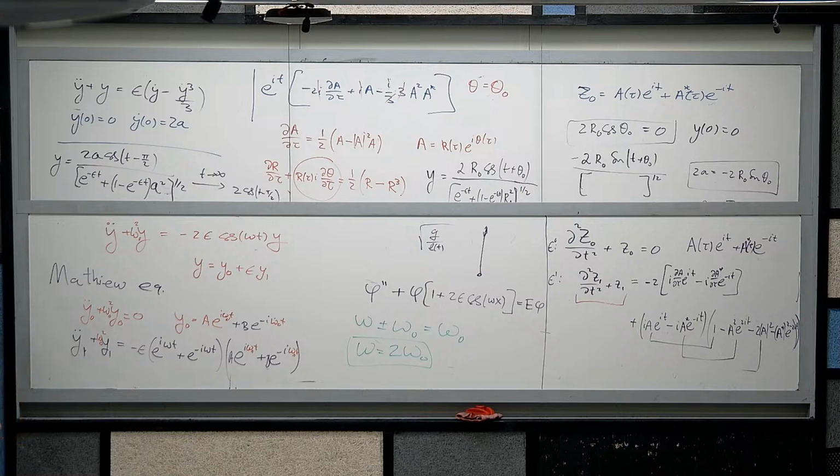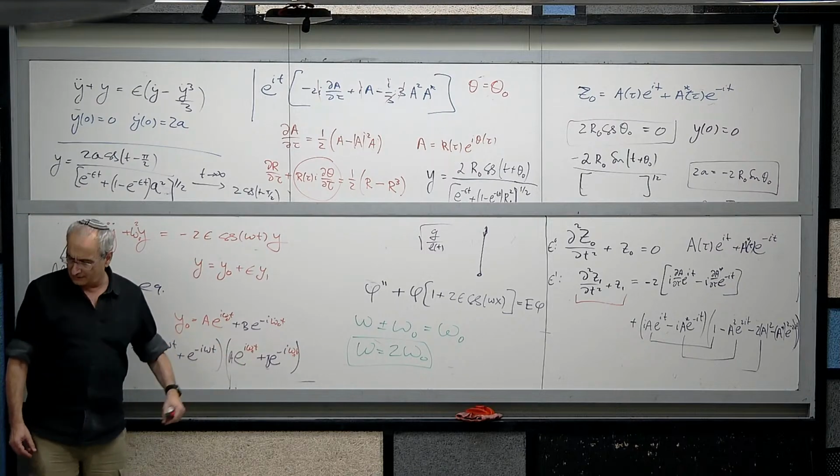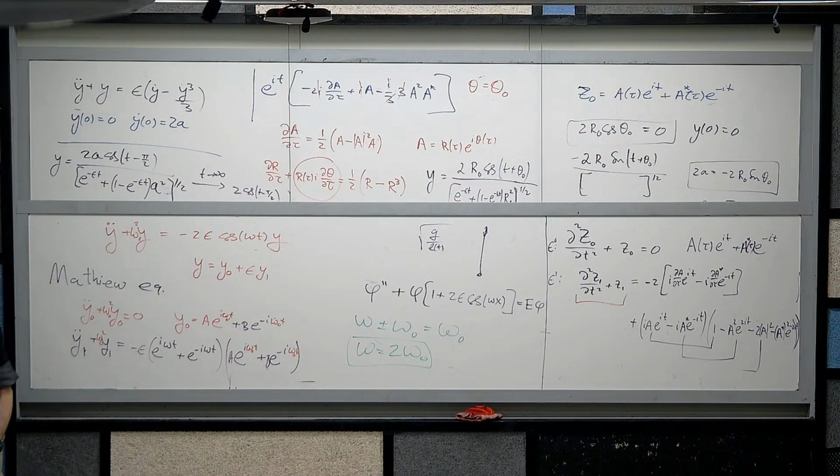However, if you expand it, in higher order perturbation theory you can find other resonances. I don't remember exactly what the relevant numbers are, but if you want, it's all written here actually.